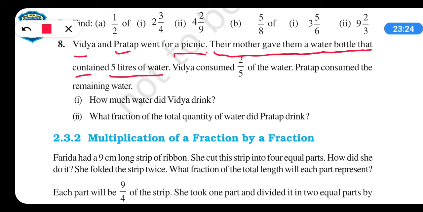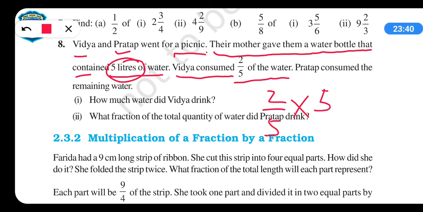Okay, how much water they were having? 5 liters. Vidya consumed 2 upon 5 of the water. See what is the meaning? 2 upon 5 of the water. How much? 5 liters. So 2 upon 5 of 5. Who consumed? Vidya consumed. So Vidya consumed 2 upon 5 of 5.